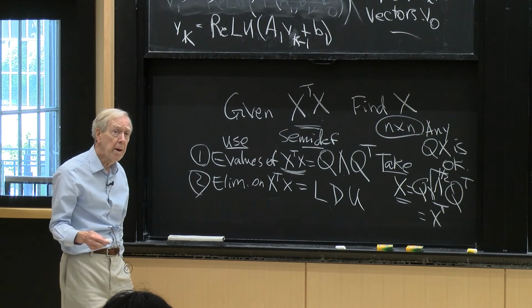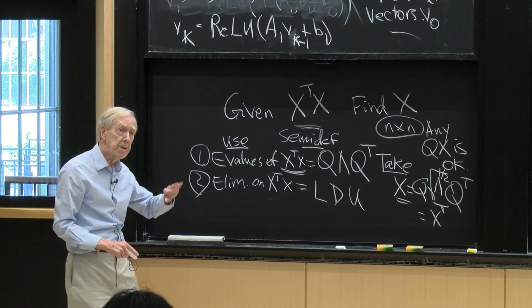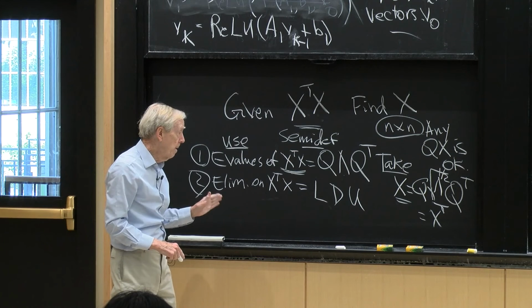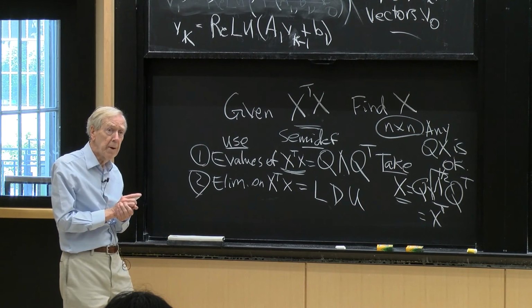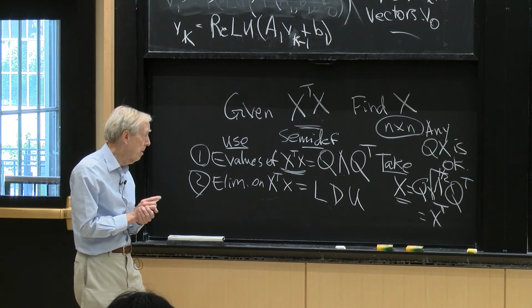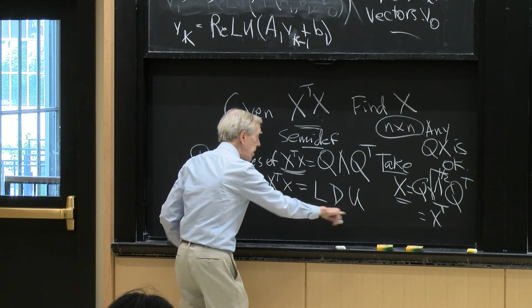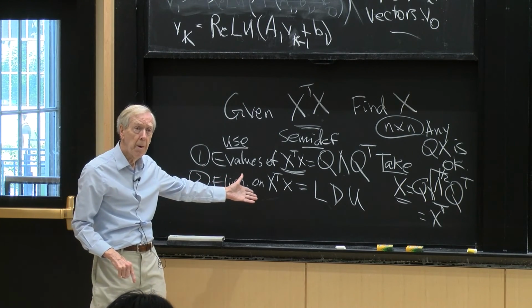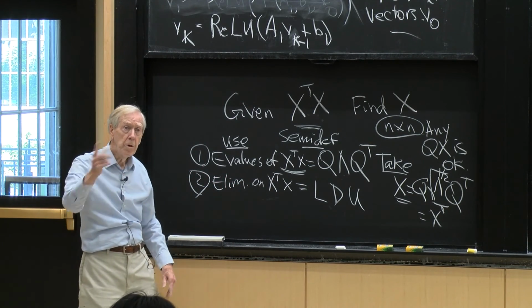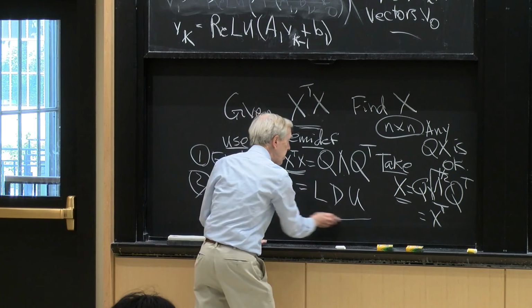We zipped by elimination, regarding that as a 1806 trivial bit of linear algebra, but of course it's highly important. So what's the situation here when the matrix is actually symmetric? I want something to look symmetric.